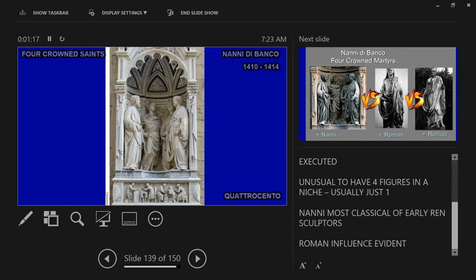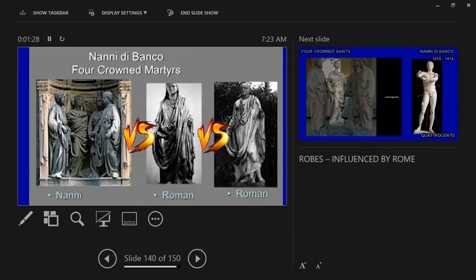However, the reason why we're going to look at this is because this artist, Nanni di Banco, got a lot of his influence from Greek and Roman artwork, especially the Roman. So if you look at the fabric on these figures, they are highly influenced by the fabric on the figures of Roman sculptures.